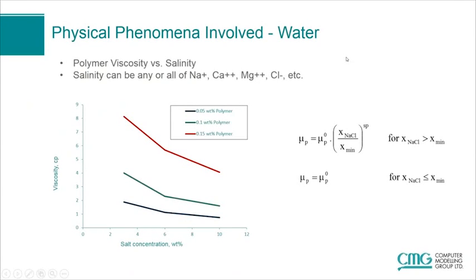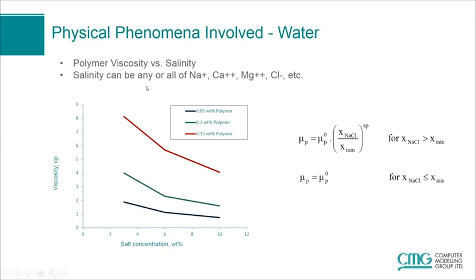Now another phenomenon involved is the salinity effects. This plot is showing a typical behavior of polymer viscosity versus salinity. As the salt concentration increases or salinity increases, the viscosity will decrease. The reason for that is that the higher salinity causes a structural change in the polymer, decreasing the ability of the polymer to cross-link.